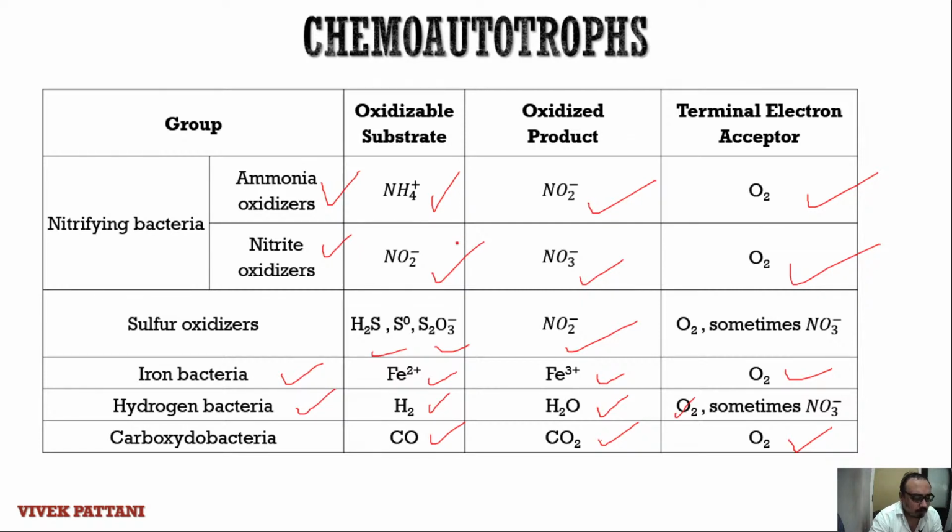Most of the bacteria belonging to the metabolic type with carbon dioxide as their sole or major source of carbon for cell synthesis are also autotrophs. More specifically, this group comprises chemolithoautotrophs. All the chemolithotrophic bacteria examined so far basically assimilate carbon dioxide by fixation through the ribulose bisphosphate cycle, which we studied in photosynthesis, especially the dark reaction.